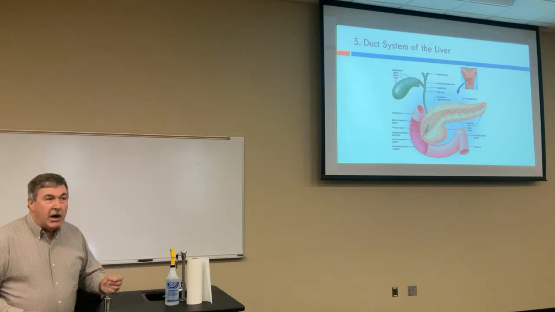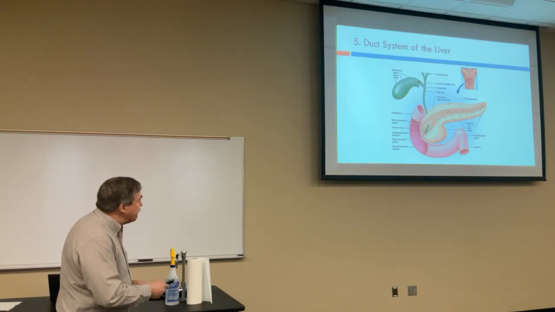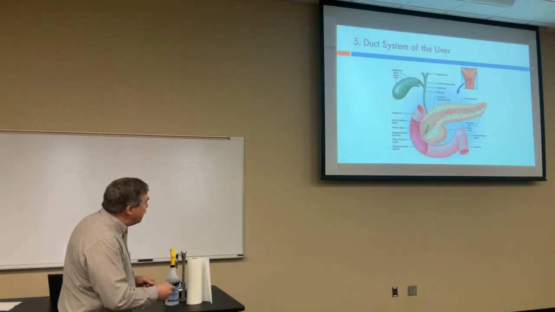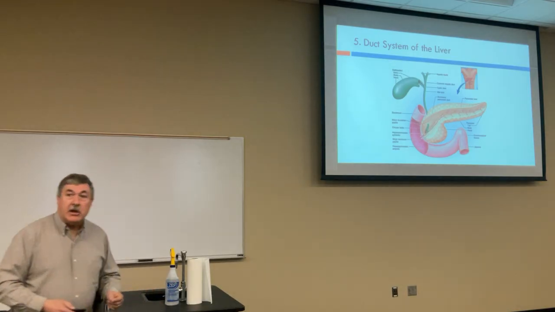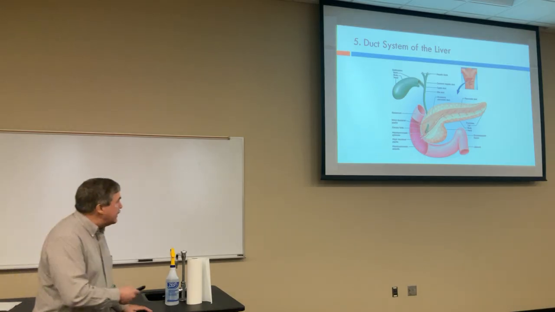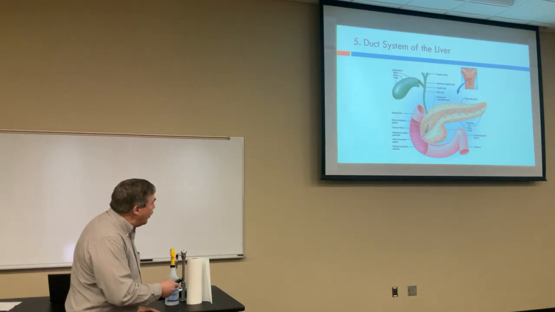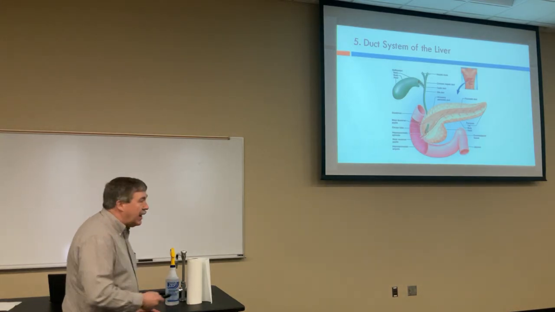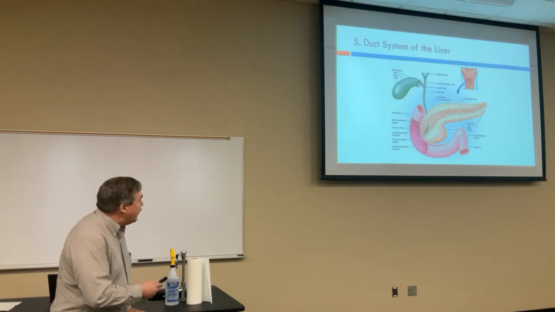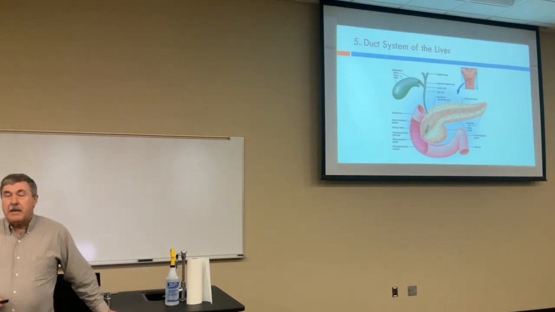Now, the common bile duct is joined by the pancreatic duct that drains the pancreas, closer to the duodenum, which is the first part of the small intestine. And where these two ducts come together, that forms a passageway called the hepatopancreatic ampulla.